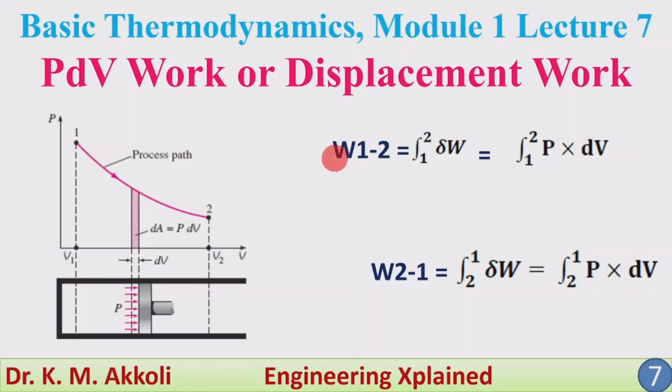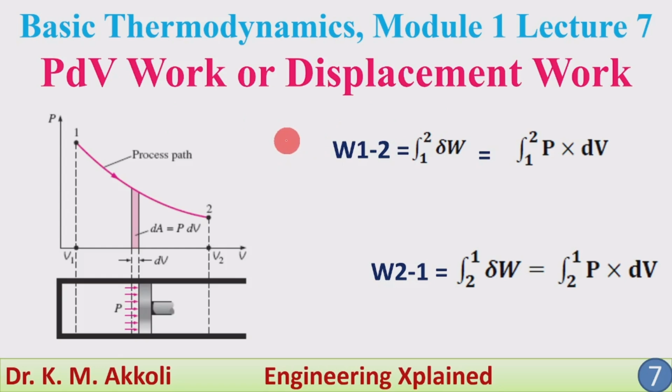In this session, I am going to take Basic Thermodynamics Module 1, Lecture 7. In that, I will take the PdV work or displacement work. In the previous session, I discussed work, its definition according to mechanics and according to thermodynamics.